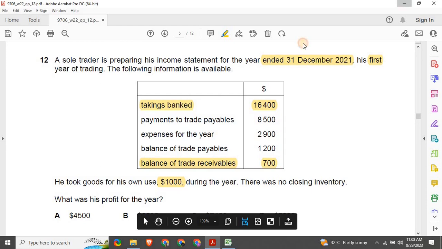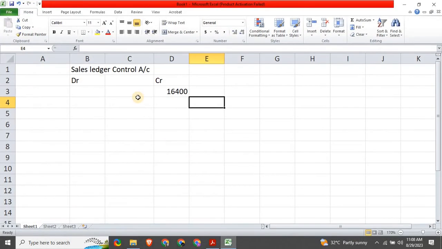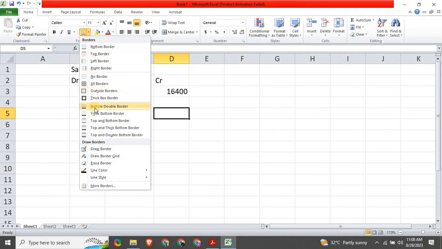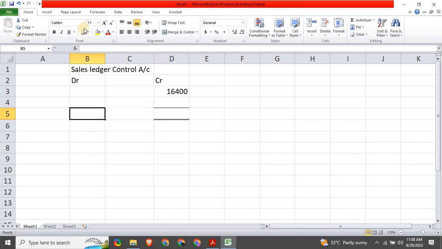This balance is the balance b/d that they are talking about, so we'll prepare balance b/d after the total. Balance b/d is 700 here. That means balance c/d would be up here, balance c/d is 700.